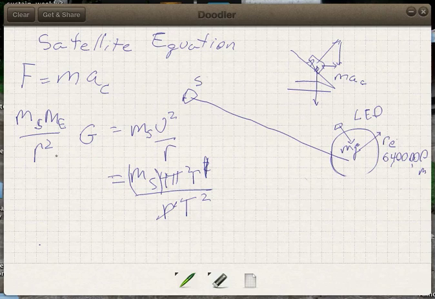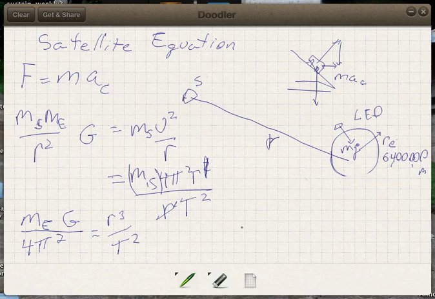We can cancel one of these, and we can rearrange our terms so they look like this. I canceled the mass of the satellite because the acceleration of the satellite doesn't depend on its own mass. And I rearranged the terms so that the variables, the radius, the distance to the planet, and the amount of time it takes to go around, that ratio is set equal to things that are constant: the mass of the mother planet, G, and just numbers we know.